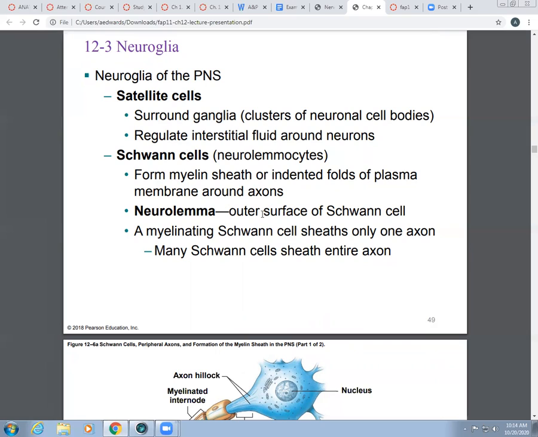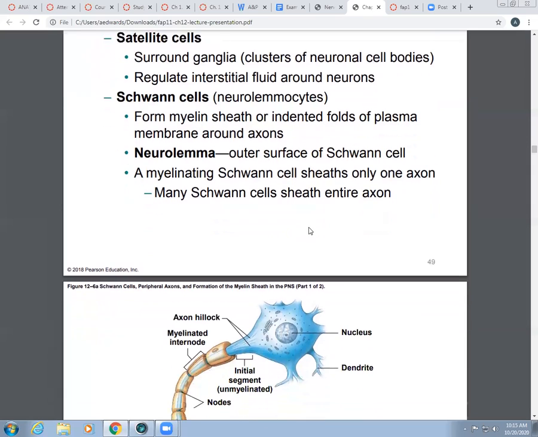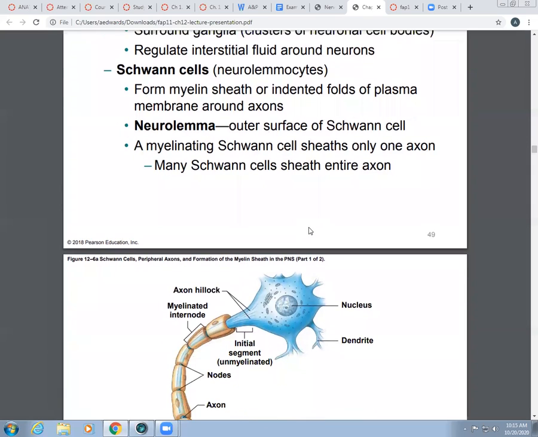All right, so just like the plasma membrane around the axon, we called it axolemma, the outer surface of a Schwann cell, we call that a neurolemma. And a Schwann cell will only provide a myelin sheath for one axon. But many Schwann cells actually are going to provide a sheath for an entire axon.